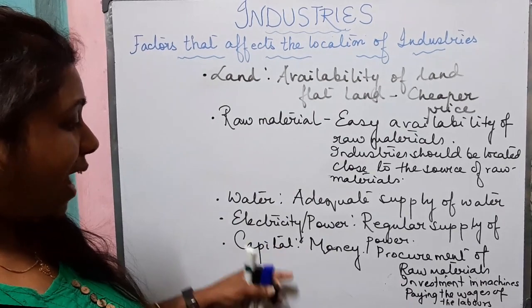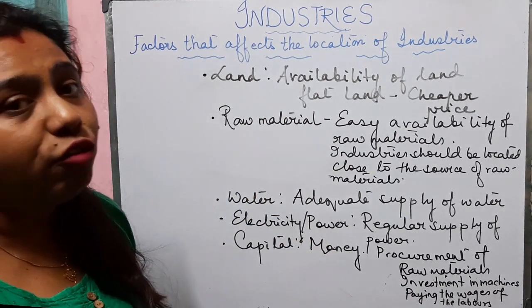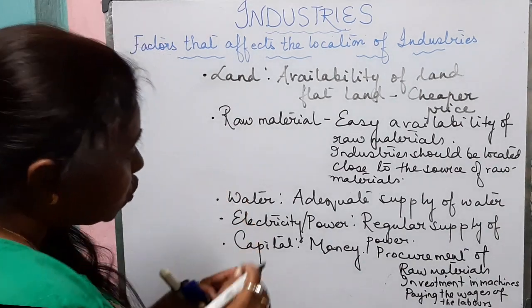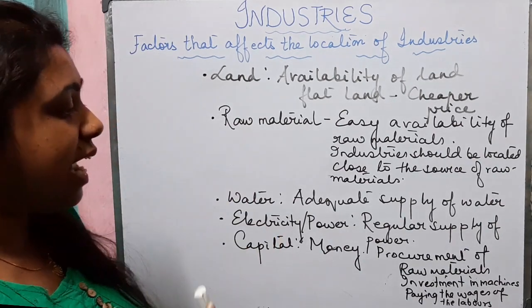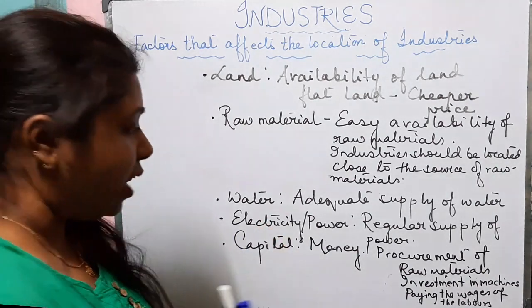So capital plays a very important role in the location of industries. So industries will try to locate in those areas where banking and insurance services are available.